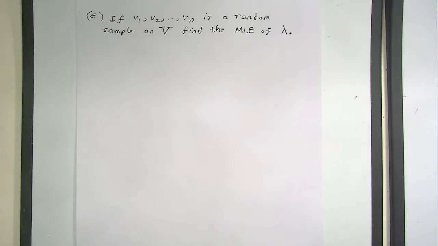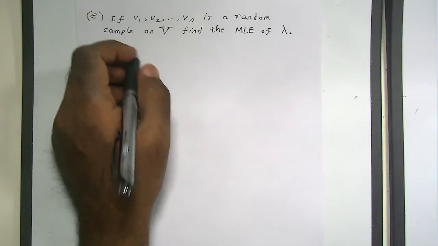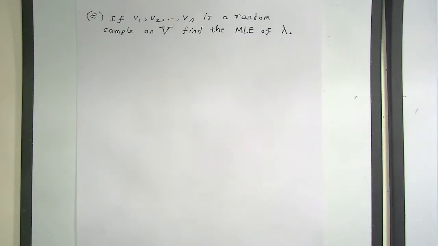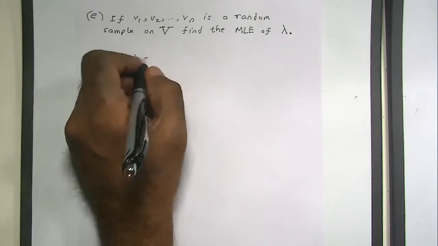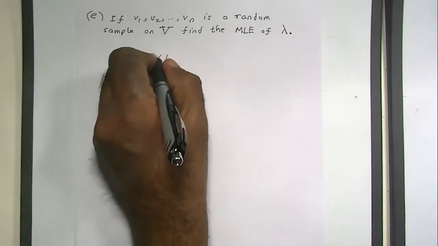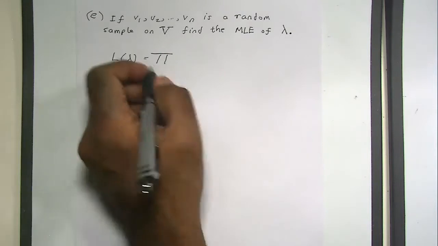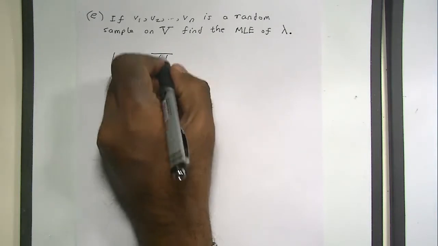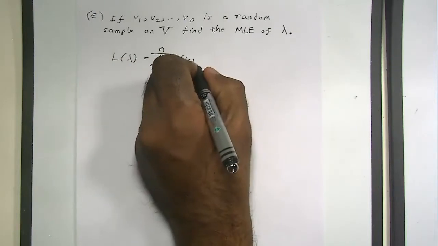Alright guys, let me show, if you haven't done it, and I know some of you have done it already. The first thing you should do is to write down the likelihood function. Remember the likelihood function is the product, i from 1 to n, of the density function which we derived earlier.